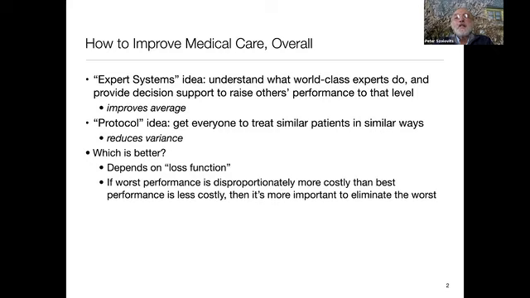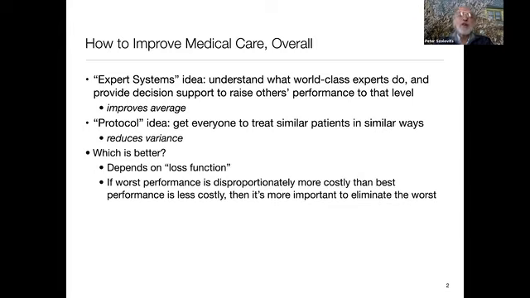And so if your sub-average performance leads to your patients dying, but your above average performance only makes a moderate difference in their outcomes, then it's clearly more important to focus on the people who are the worst doctors and to get them to act in a better way.